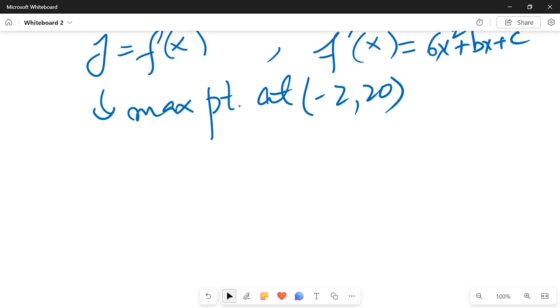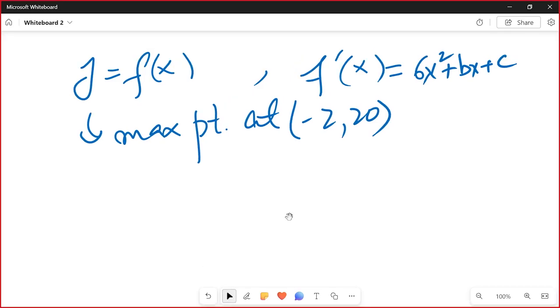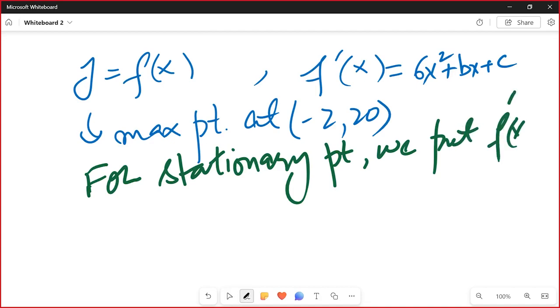So first, for a stationary point, we put f bar x equal to 0.